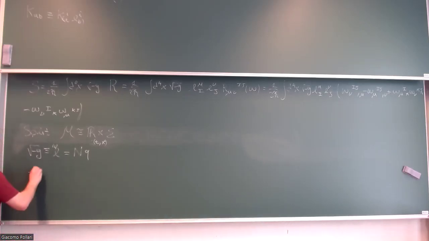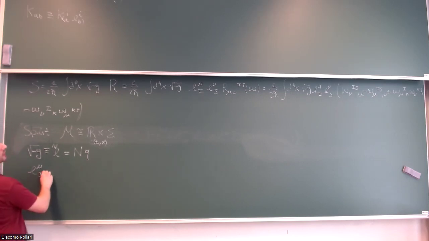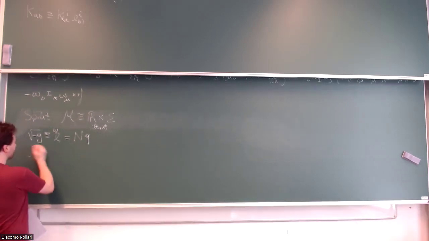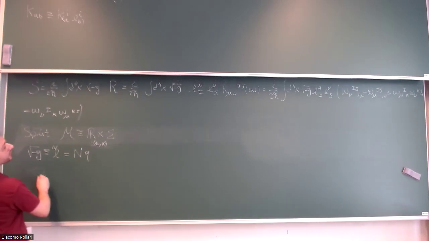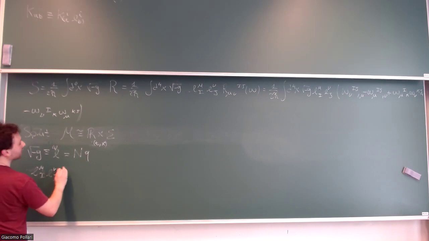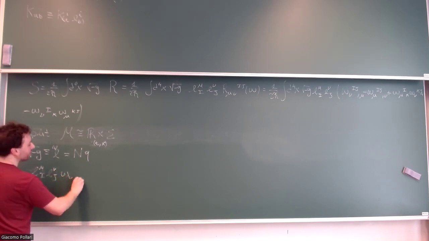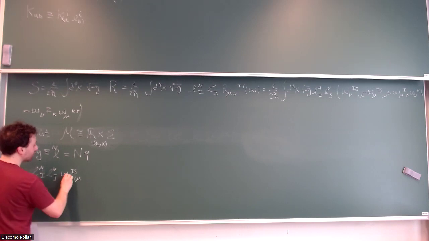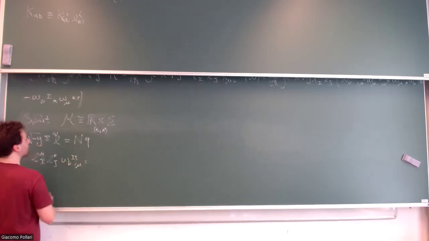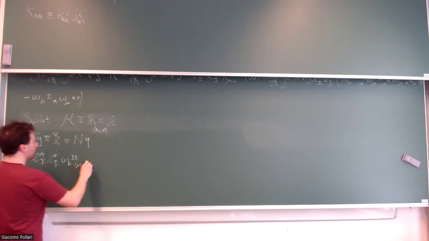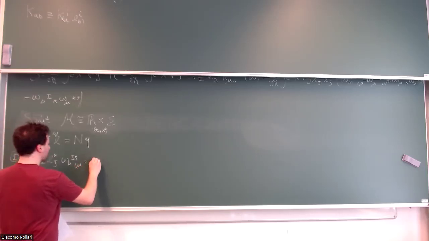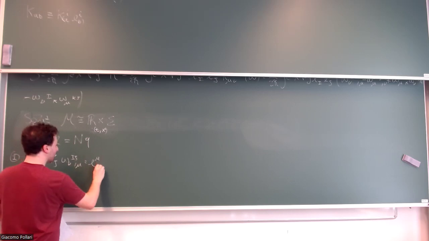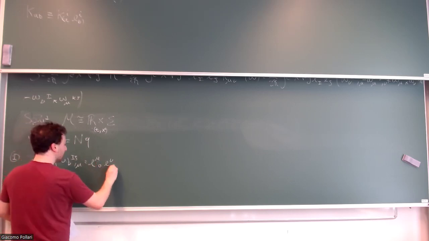Then this e mu I, sorry, I want to write this omega mu I j, first term. This is to be e mu 0 e mu.